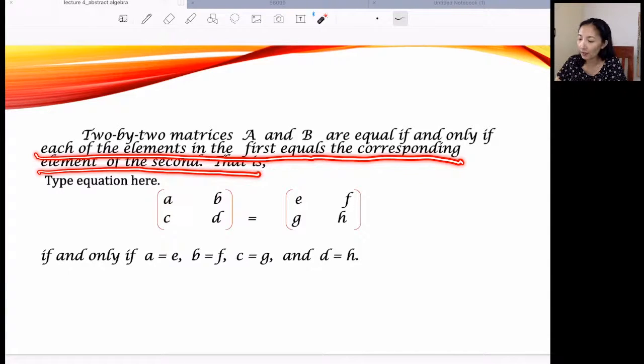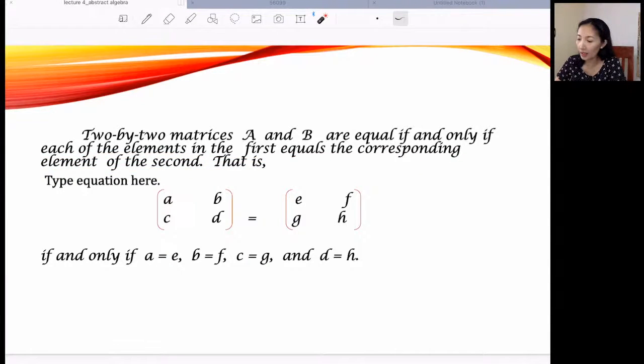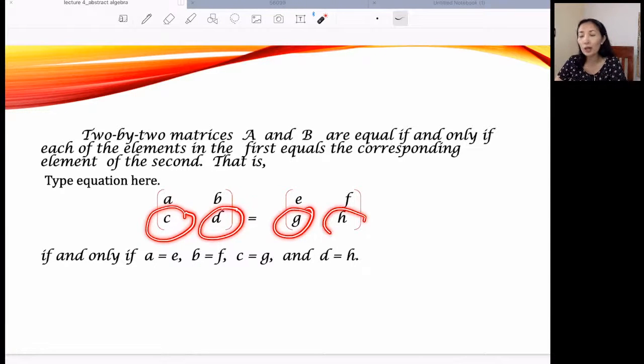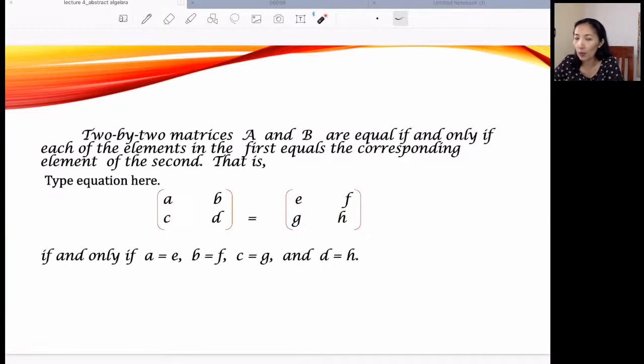That is, the matrix A, B, C, D is equal to E, F, G, H only when corresponding elements are equal. A is equal to E, B is equal to F, C equal to G, and D equal to H. Only when corresponding elements are equal are the two matrices equal.